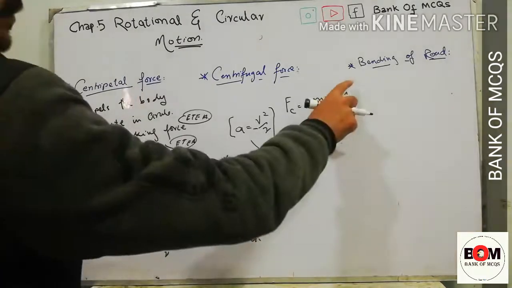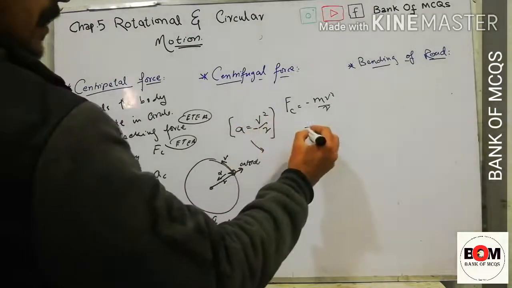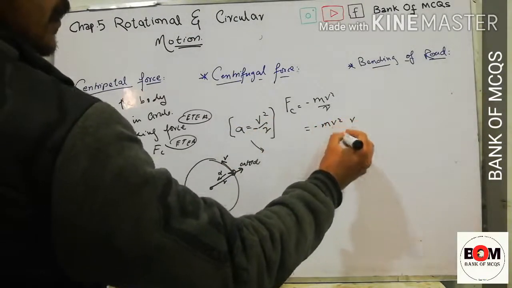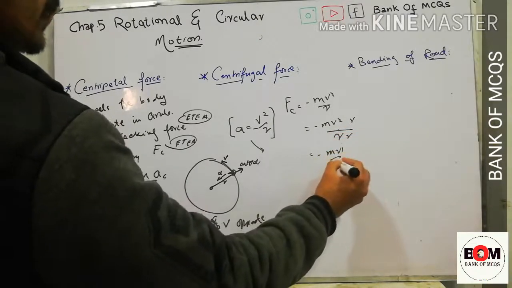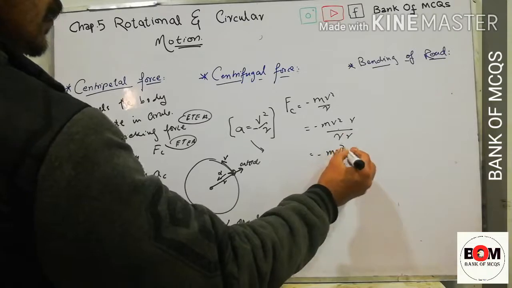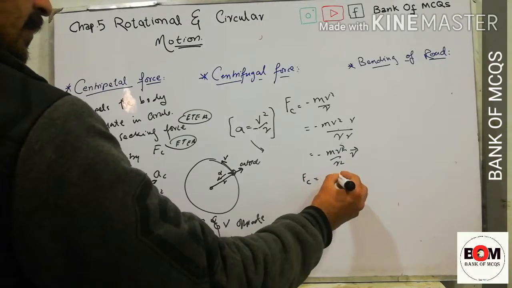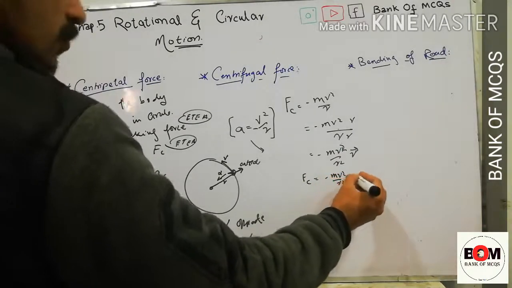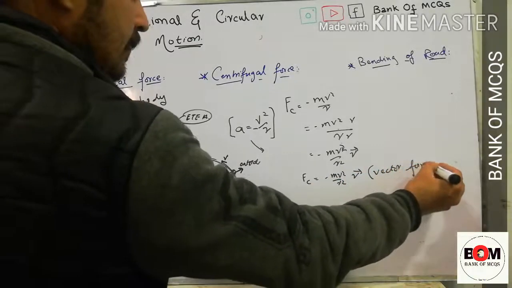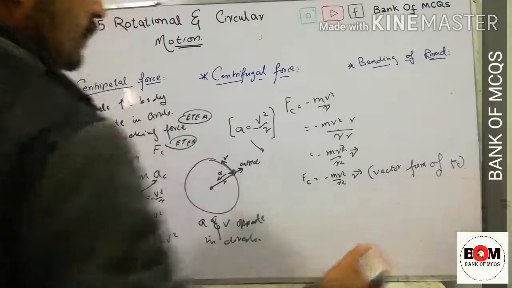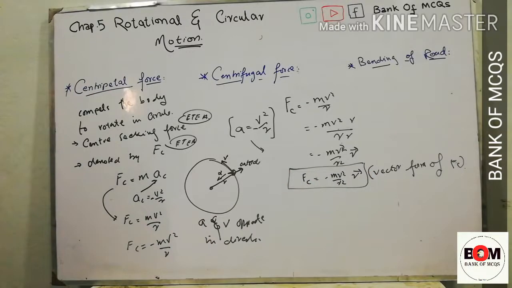The next, we can also write by multiplying and dividing by r: mv square divided by r square into r. So Fc is equal to minus mv square divided by r square multiplied by r. This is the vector form of centripetal force. So this is the other form of centripetal force.